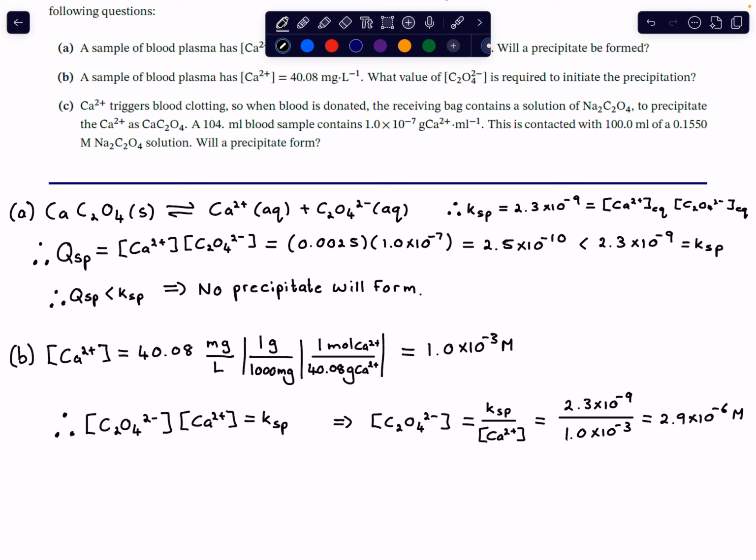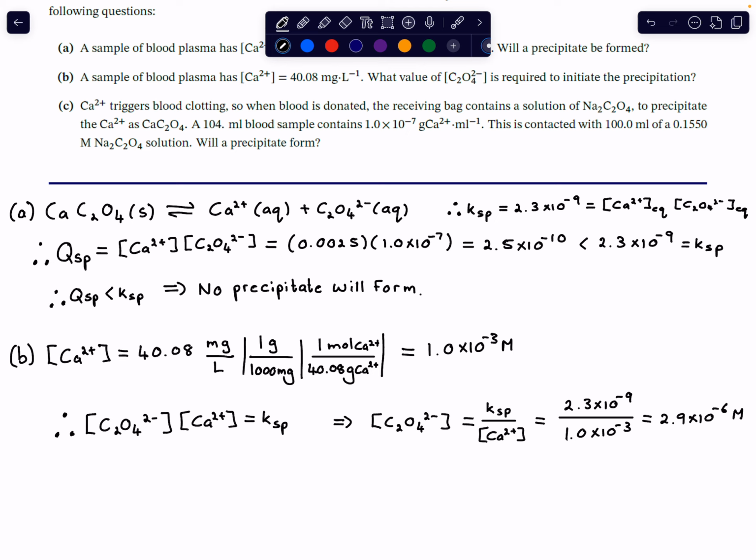All right. So that means if the concentration of oxalate is that, then we should initiate precipitation. Now in principle, this is when QSP is equal to KSP, so the solution is saturated, so it's the point at which precipitation will start.